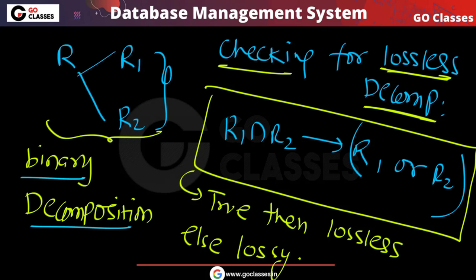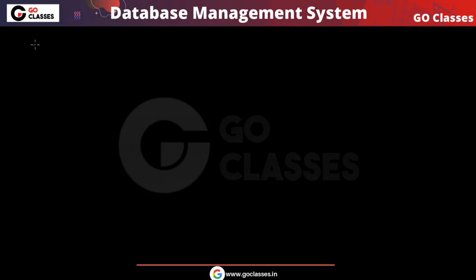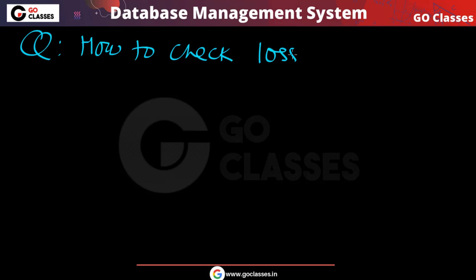Now what happens when you don't have a binary decomposition? So basically, how to check lossless decomposition in case of non-binary decomposition, this is a question you should think about.